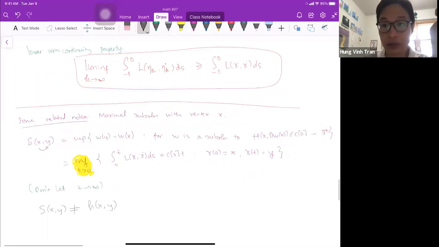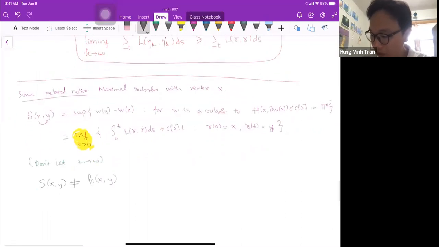The maximal solution is different from the Peierls barrier. Because I don't kick the vertex to infinity, it's going to look pretty much like a cone, because I'm starting at x and S of x, y is the cost of going from x to y.